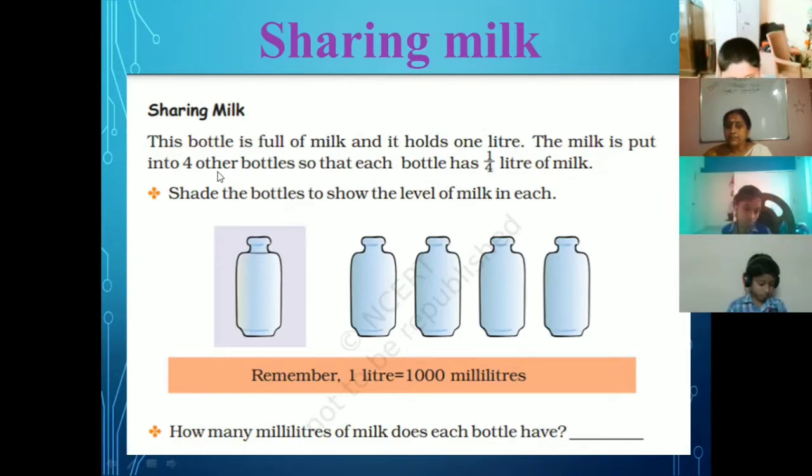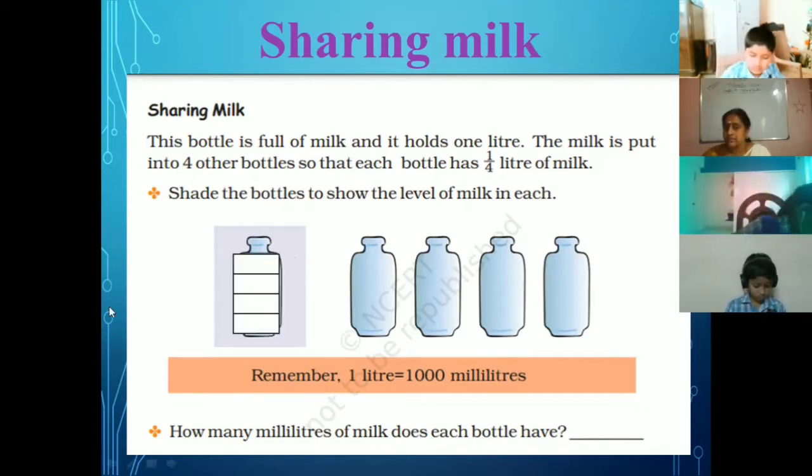The milk is put into 4 other bottles. That means what, ma'am? 4 parts. We have to make 1 liter into 4 equal parts. So when we are making 1 liter into 4 equal parts, that means 1 by 4 of a liter. A liter means 1000 milliliters.